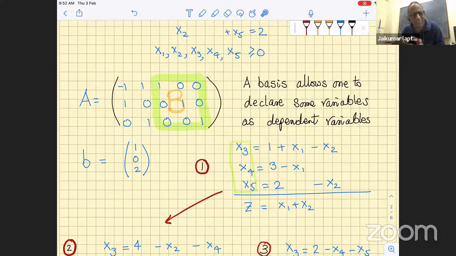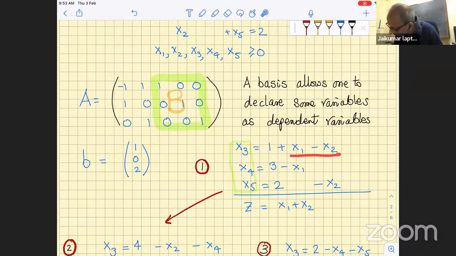In the simplex method, the basis stays implicit. But the point is that there will be some variables which appear on the right-hand side. I would like you to think of them as independent variables. That is, we can assign them values.